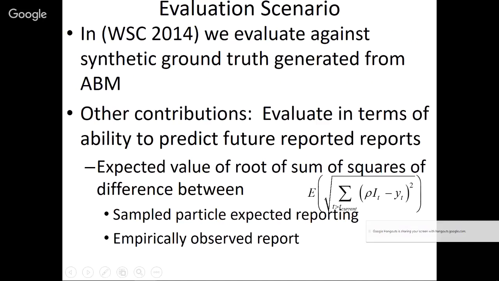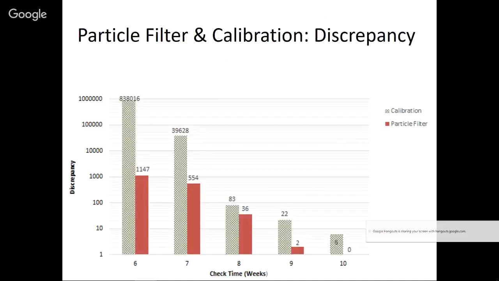So this is the square root of the sum of the squares of the differences across all times associated with differences between what we expect from the simulated system and the observed report. We consider only data to a certain time, t current, and after that we're computing discrepancies between what the model going forward anticipates versus what's actually observed.